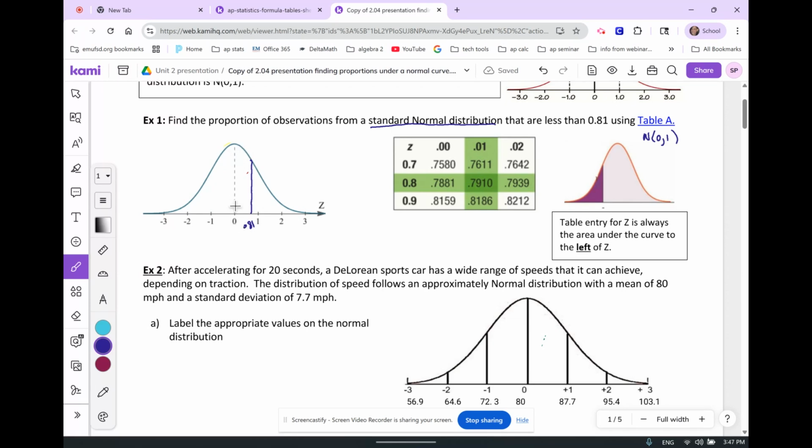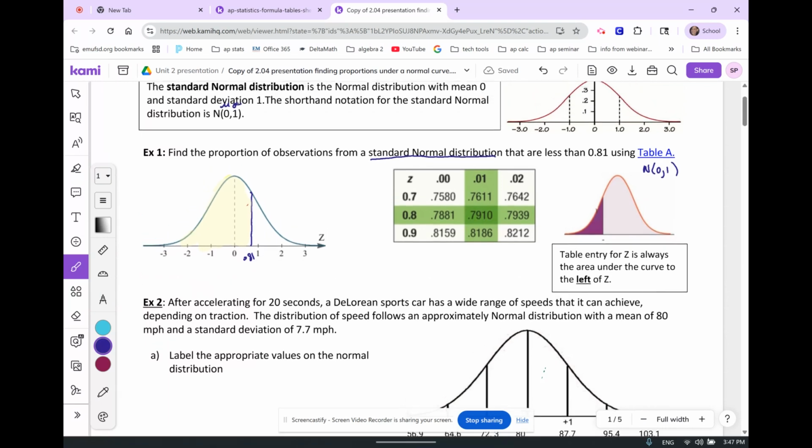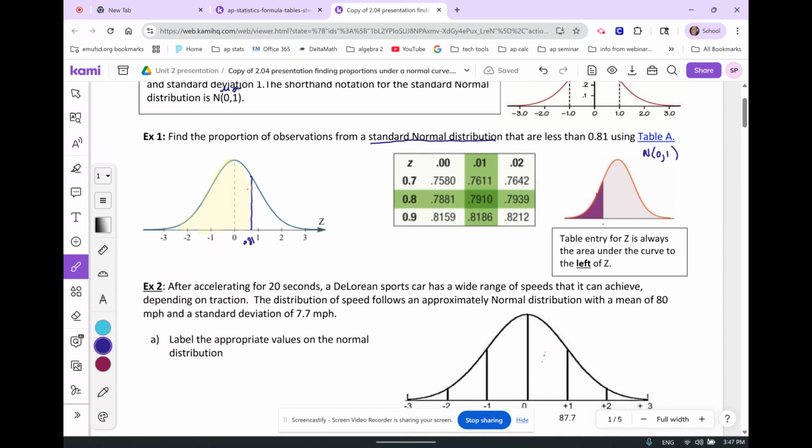So I would always put the mean. The mean is 0. The value we're looking for is 0.81, and you're required to shade. I'm going to shade to the left because it says less than. Notice that we could not use the empirical rule because 0.81 is less than that complete standard deviation. So we would refer to Table A.